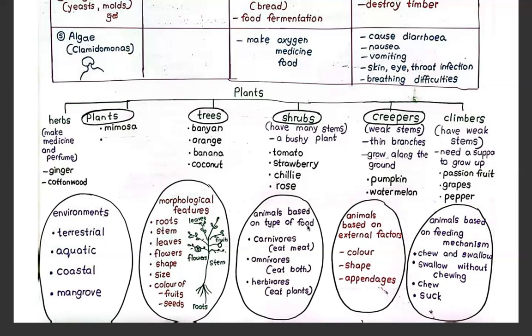Who are herbivores? Herbivores are the animals who eat plants. Right. And animals based on external factors. External factors කියලා කියන්නේ බාහිර factors.